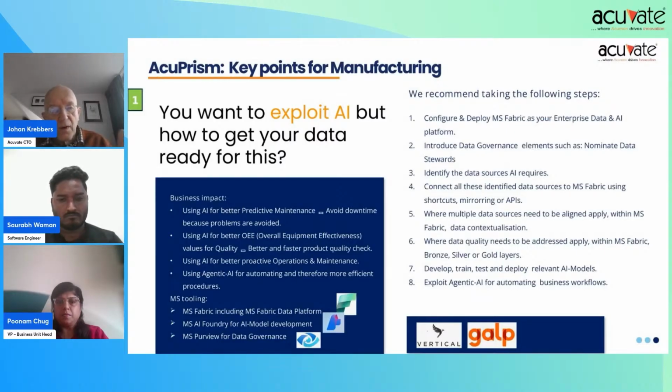We've done it for a number of companies. We look at the current state of the data, what should be your target data architecture, and how you get from your current data architecture to your target data architecture. On the left, you see the business impact, what it does for you, and the Microsoft tooling we use to make that happen.